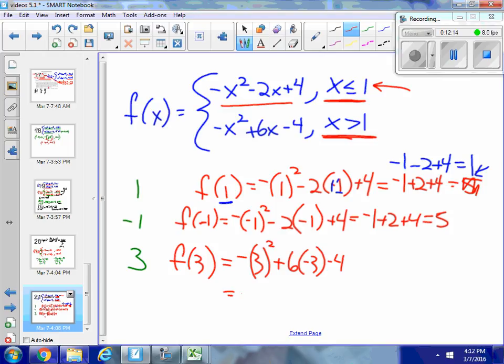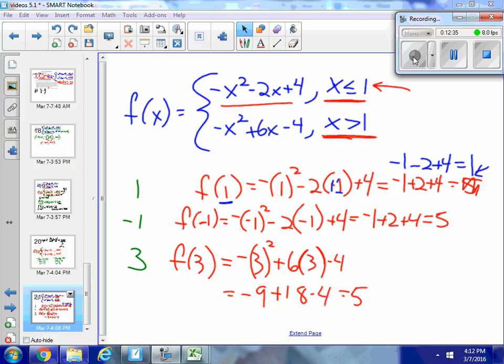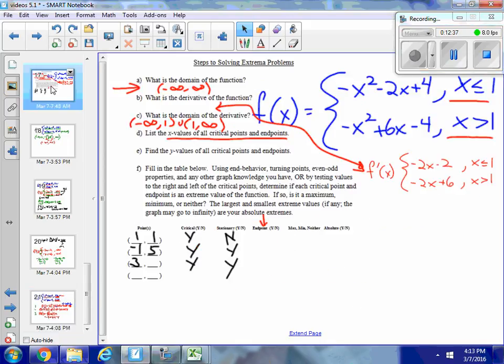So that is negative 9. I'm just messing up left and right here. It's not negative 3, it's positive 3. Plus 18 minus 4. That is equal to 5. So now, after my little arithmetic errors, I have the point 3, 5.